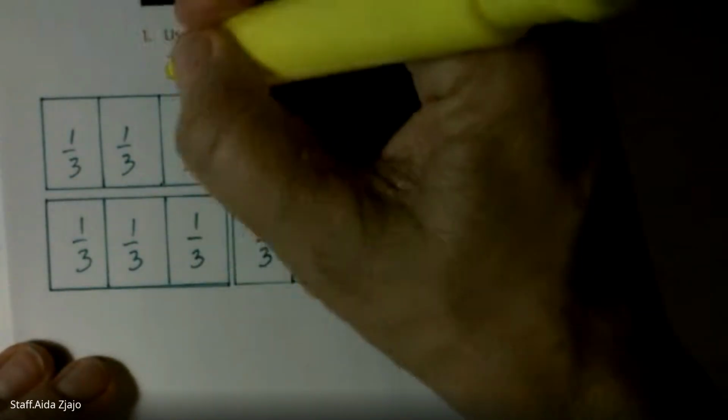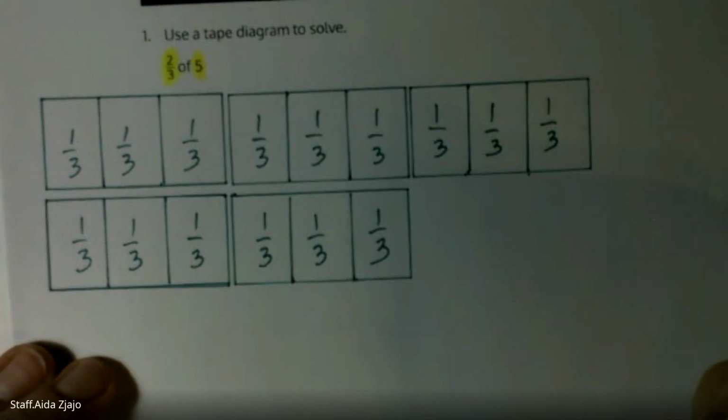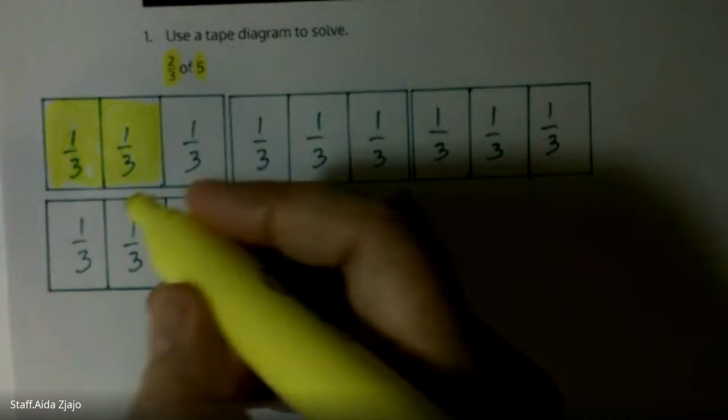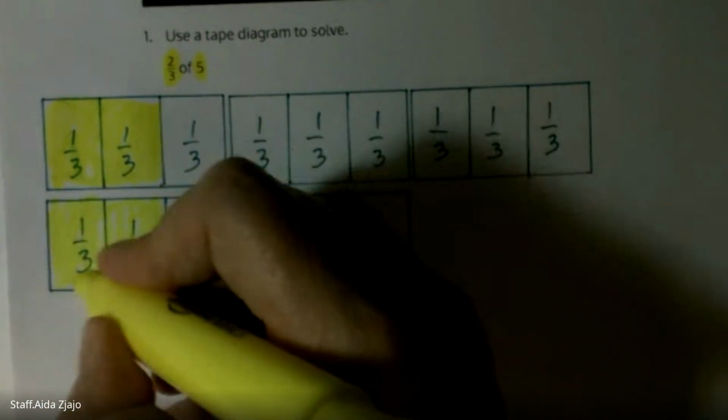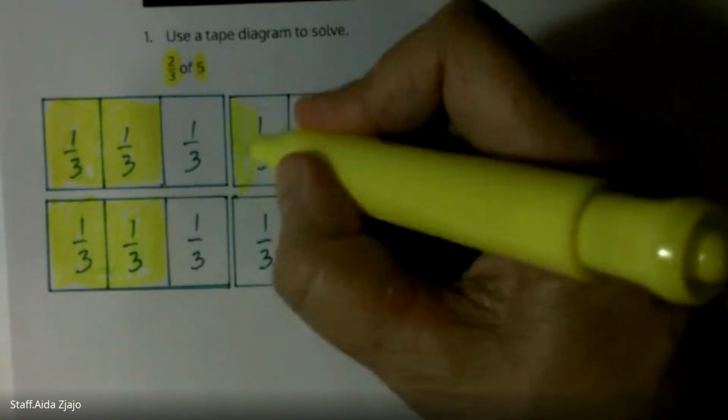Now you label 2/3 of each. So this is 2/3 of one batch or one whole. And then you have 2/3 of this whole. Then you have 2/3 of this.